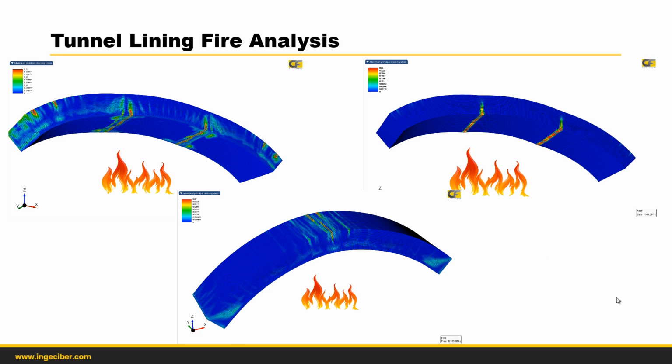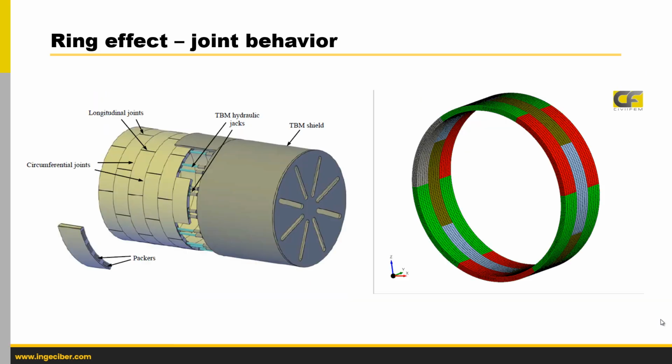We have different behavior of this tunnel lining, and different stiffness, different time for the collapse. So these boundary conditions depend a lot on the ring effect and the joint behavior of this tunnel lining.